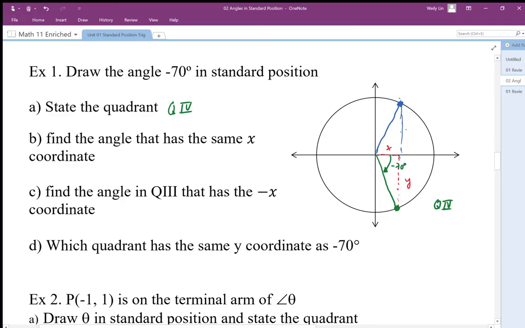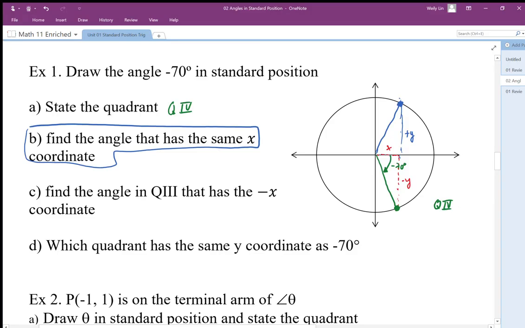In fact, the y coordinates are the same, but in this case, instead of going negative y, we're going to go positive y. And maybe we should indicate that. So let's make that negative y here. And going to the blue, we're going to go up the same distance. So although they represent different positions, there's definitely symmetry that connects those two spots. Okay, so that blue represents the angle with the same x coordinate.